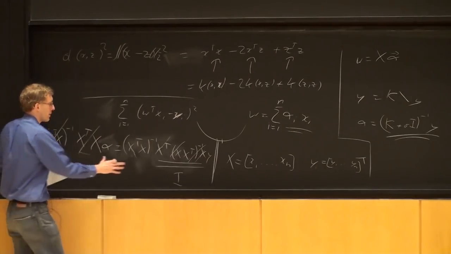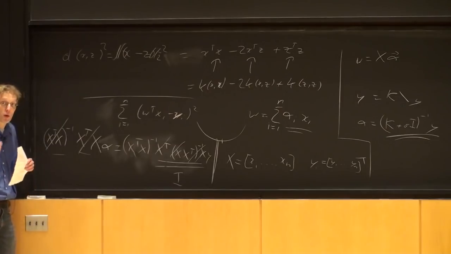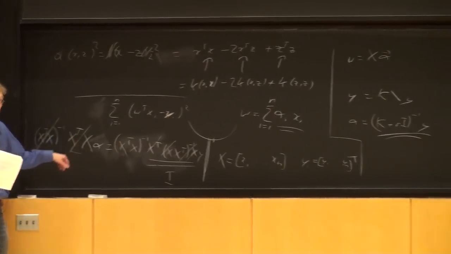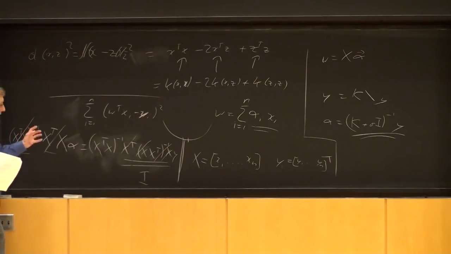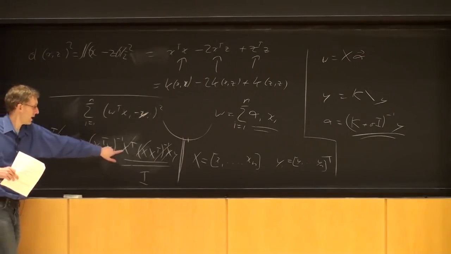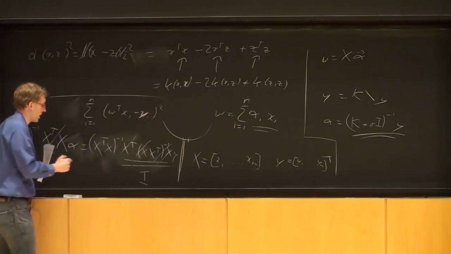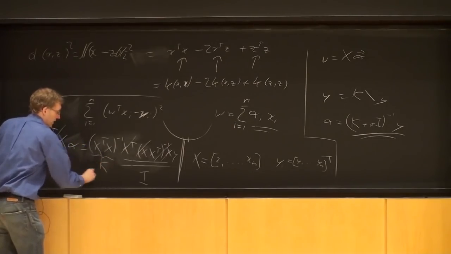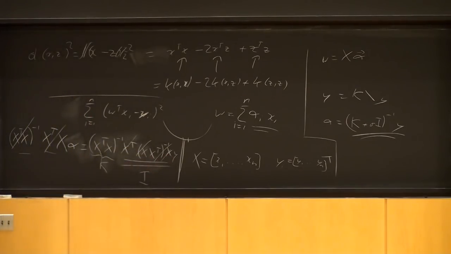And then I multiply both sides from the left with x transpose x inverse times x transpose. I'm just doing this such that a lot of terms disappear, right? Because they're all inverses of each other. And so the only thing I'm left with is x transpose x, this term here. And this here actually is my kernel matrix. So all I get is alpha is the inverse kernel matrix times y.